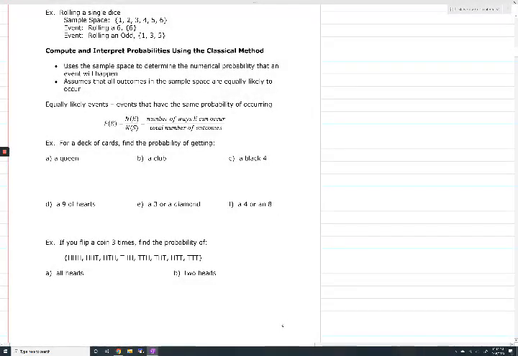And next we're going to talk about the first of 2 different ways of computing probabilities. And the first way is called classical. I will also refer to it and help you remember it using theoretical probability. So it's what the theory or what the probability should be.